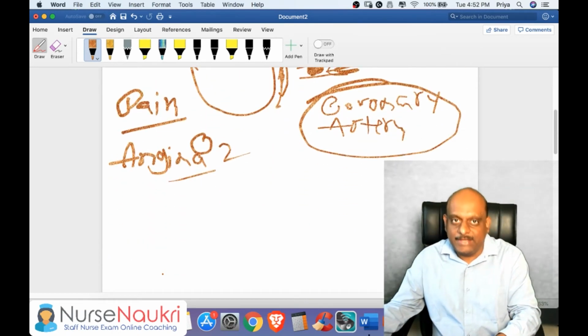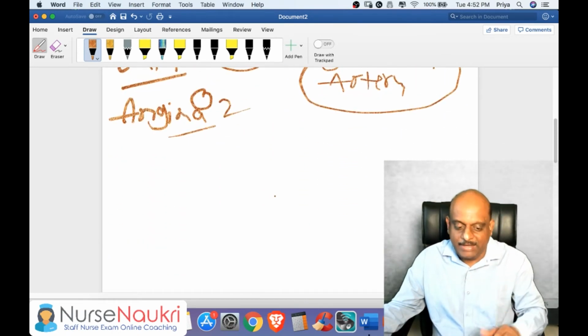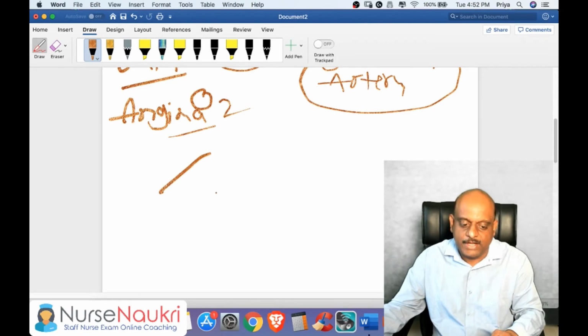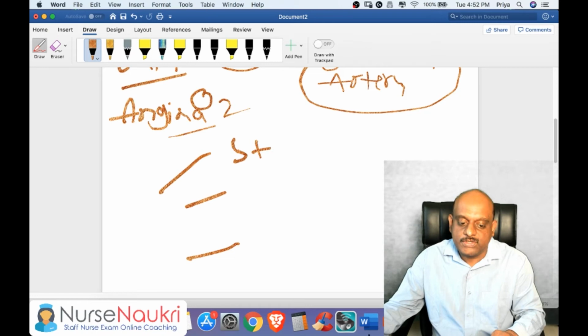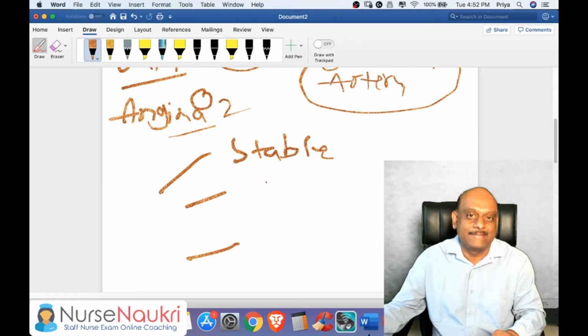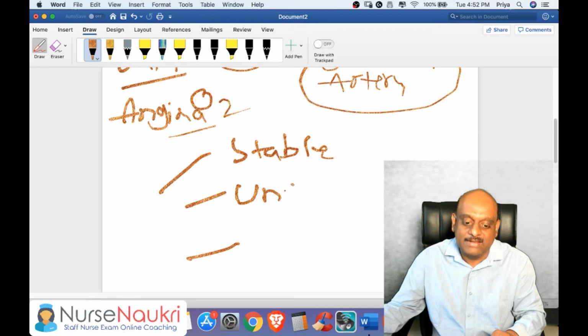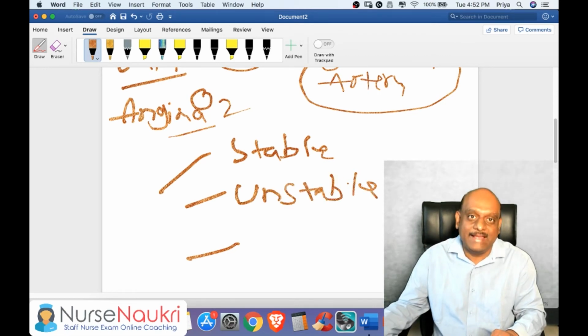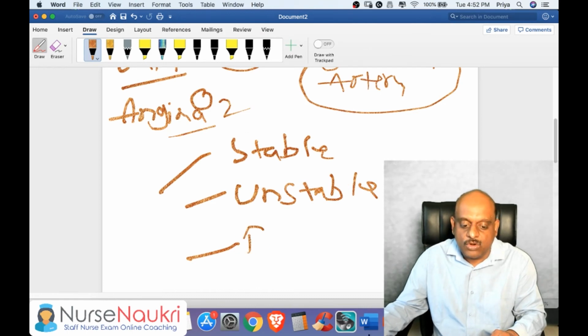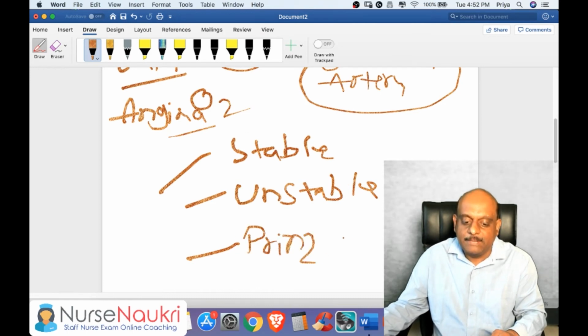Then this angina, the quality of the pain is being divided into 3 types. What are the 3 types? One is called stable angina. Obviously, the other type is called unstable angina. The third is called Prinzmetal.